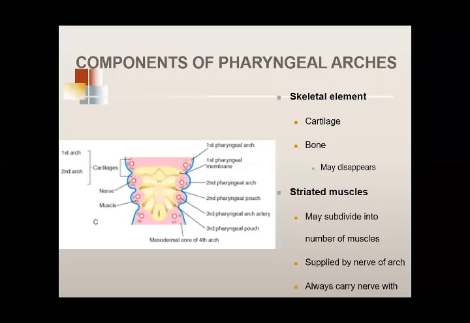These gaps, imagine, are loose mesenchyme. So you have condensed mesenchyme followed by loose mesenchyme, then condensed mesenchyme, in that particular order. Okay? But whatever there is, on the inside you have endoderm all over, be it condensed mesenchyme or loose mesenchyme. Whatever the structure may be, on the inside it is lined by endoderm of the pharynx.